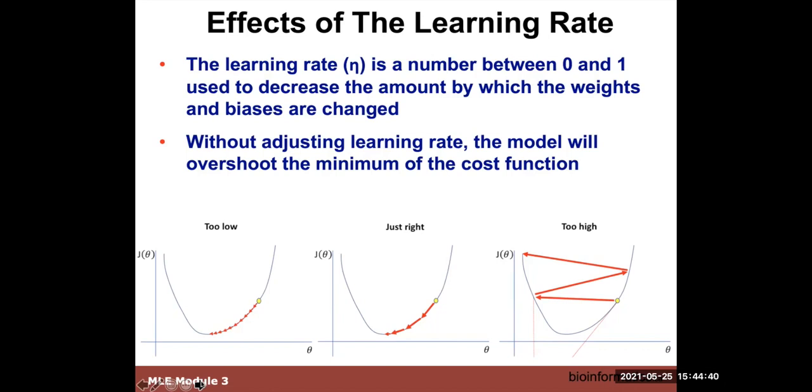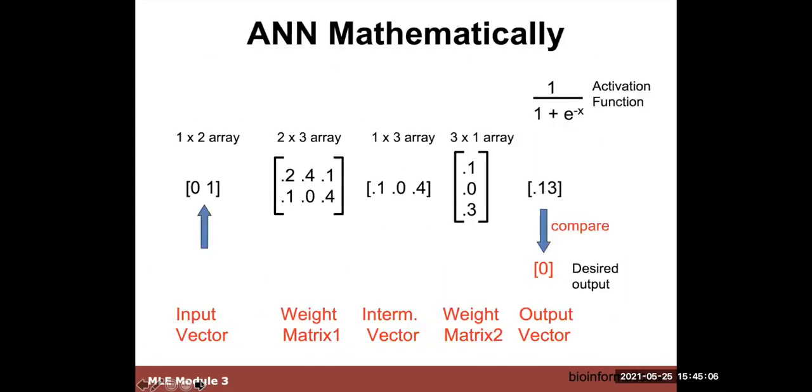If you have a learning rate that's too rapid, it just kind of bounces erratically before it can get to this minimum. Ideally, with the concept of gradient descent, typically you move in big steps when it's steep and little steps when it's shallow. And so the middle curve is the example of how you can adjust the learning rate so that you won't overshoot your minimum in terms of your cost function.